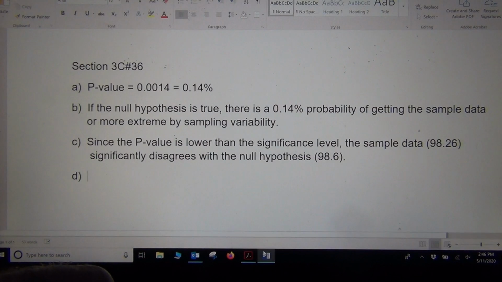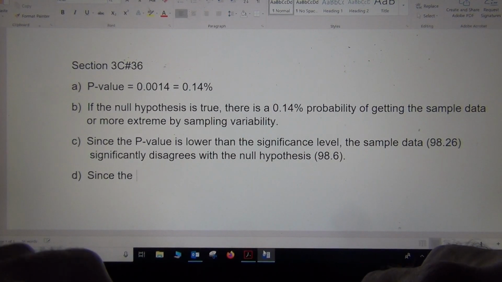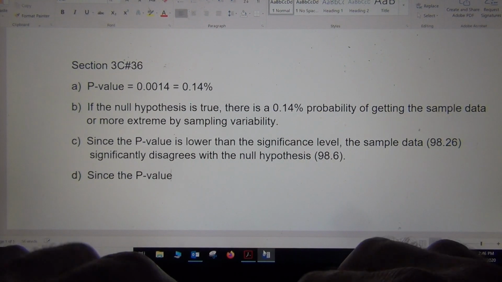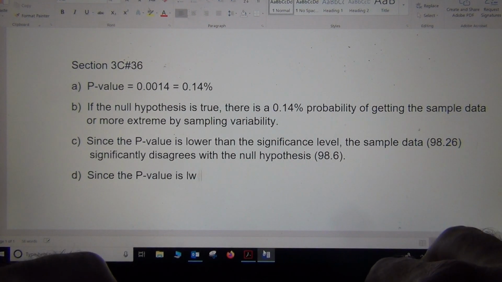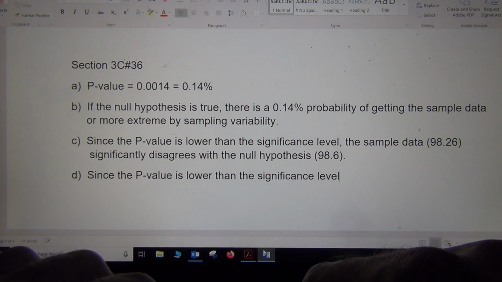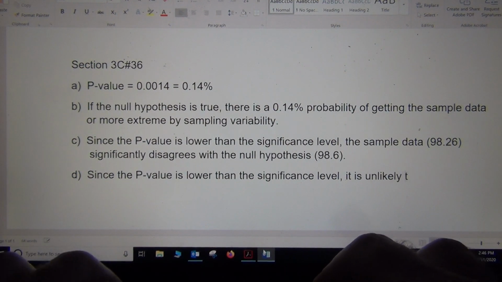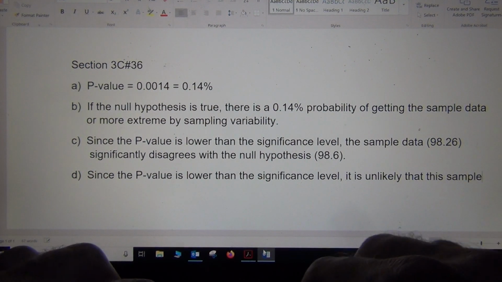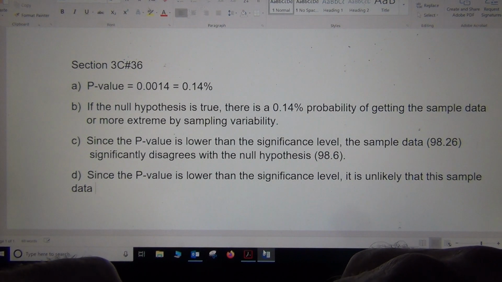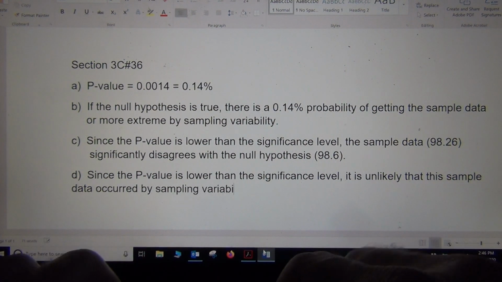So letter D: since the p-value is lower than the significance level, it is unlikely that this sample data or sample statistic occurred by sampling variability.